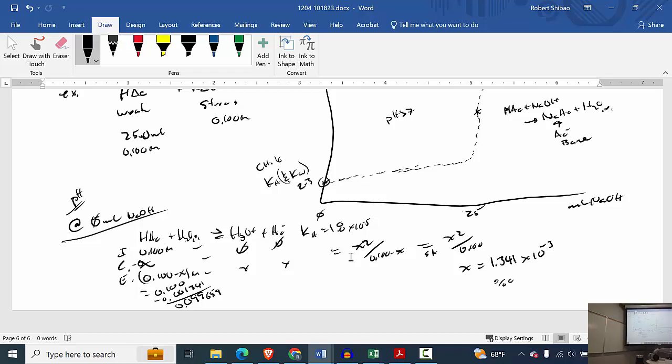The percent reaction is 1.341 times 10 to the minus 3 divided by 0.1 times 100%. So this is 1.34%.